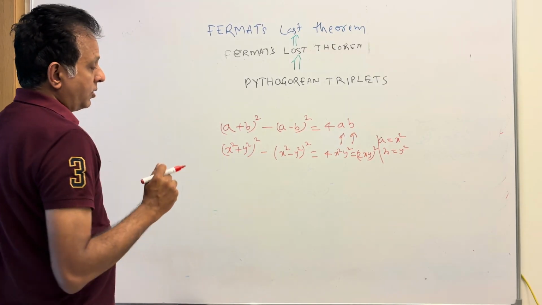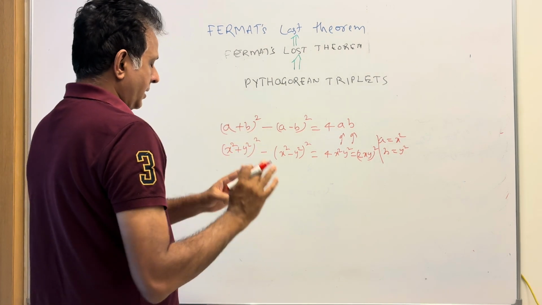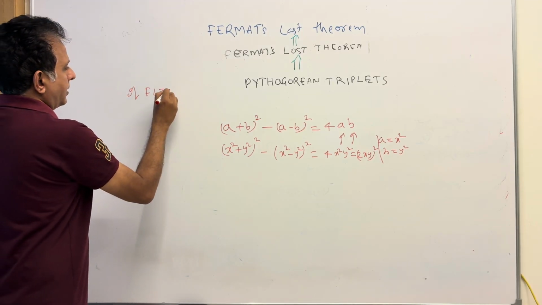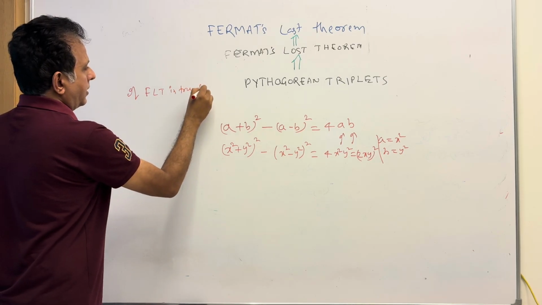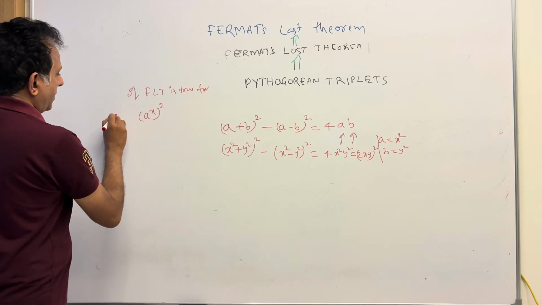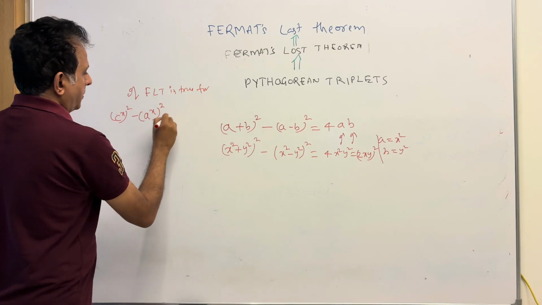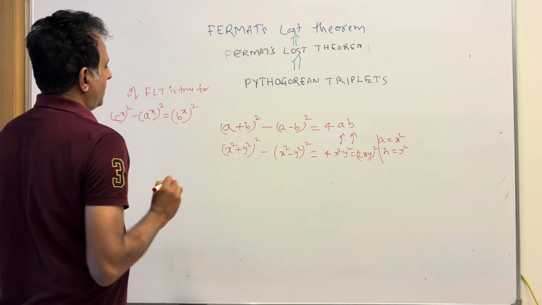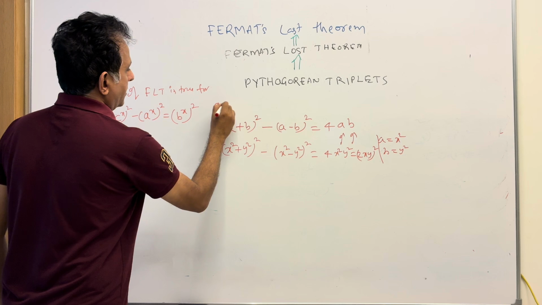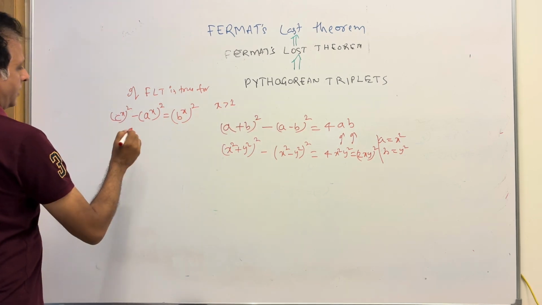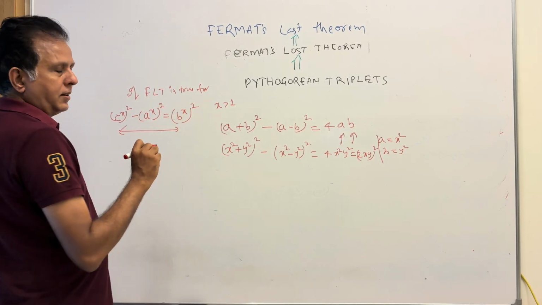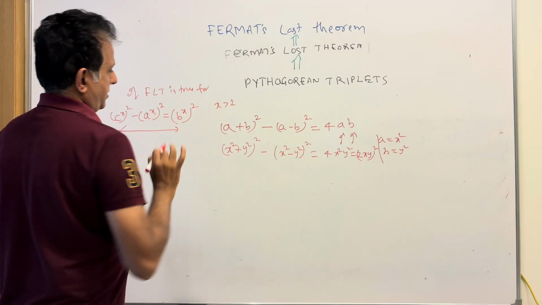Okay, so next, what we did in the previous video is that if FLT is true for x greater than 1, then we will try to prove whether we have this kind of equation for all even numbers.